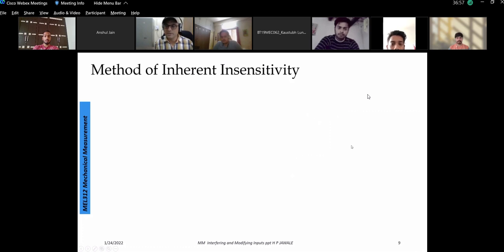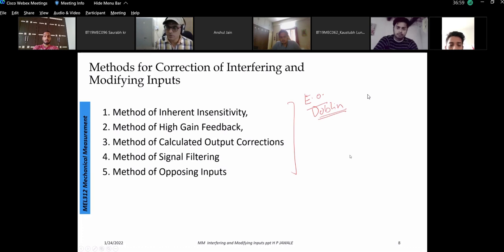Sir, when we say temperature is interfering and when we say it is modifying, how do we differentiate it? Right, go ahead. No, wait. We have to first analyze whether the temperature is going to act as a modifying input. We also have to think whether it is going to act as an interfering input or not.